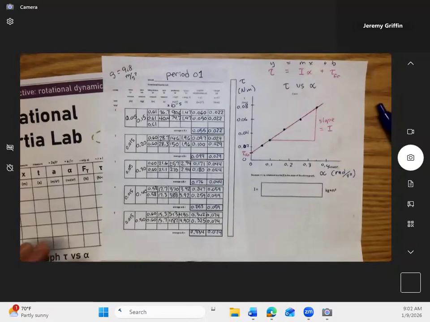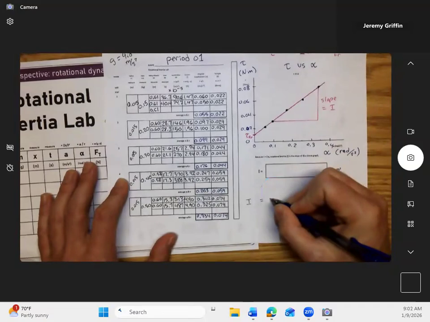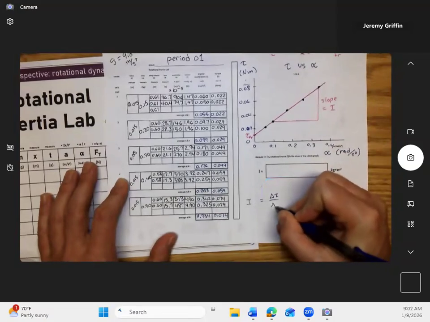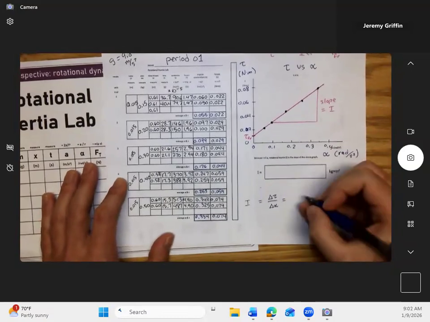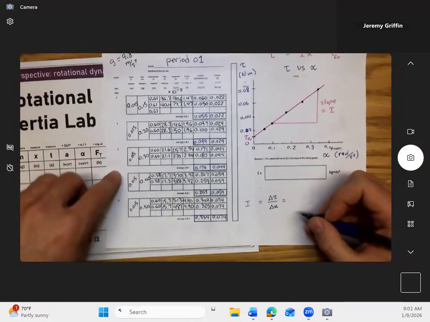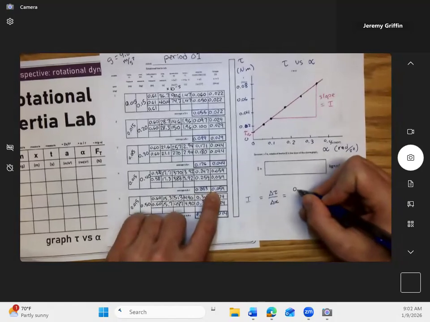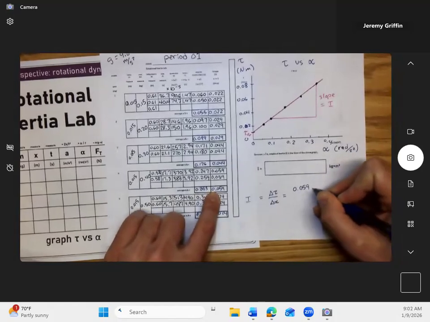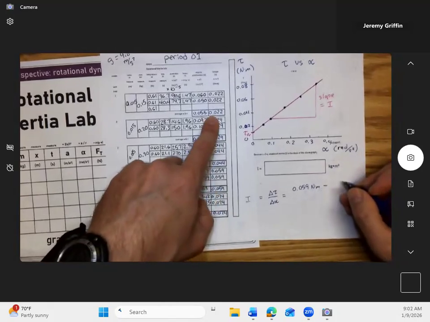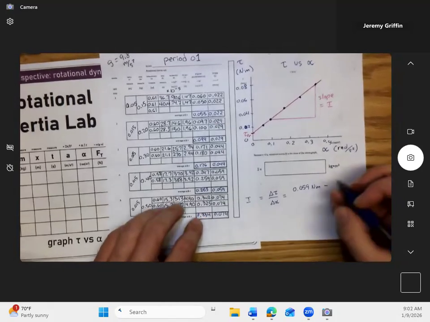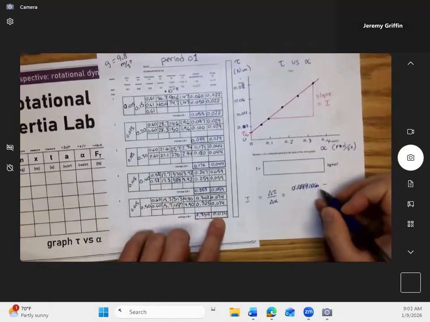So rise over run. Rotational inertia is equal to, I'll say, delta tau over delta alpha. So change in y over change in x. Right, so that's going to be, let's see, what was this torque? 0.059 Newton meters minus, or what? No, that's the wrong one. Sorry, get rid of that. I would do this one here.